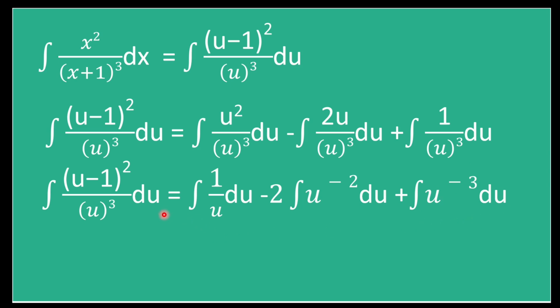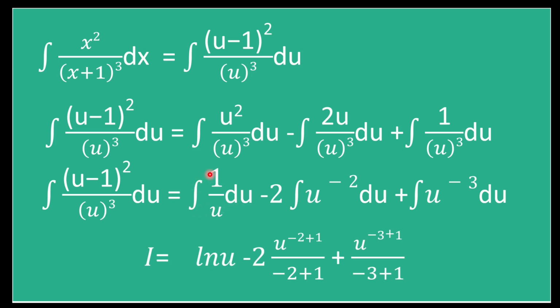So now we can integrate this, according to the integration formulas. 1 over u du equal to ln u, and for the minus 2 term, when we integrate, 1 will be added to the power, so this will become u power minus 2 plus 1, divided by minus 2 plus 1.